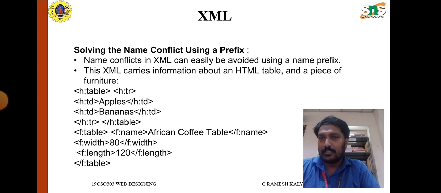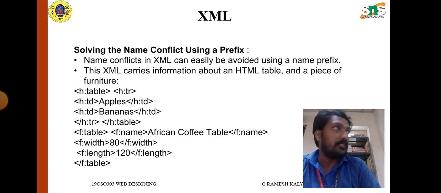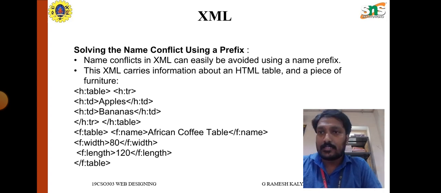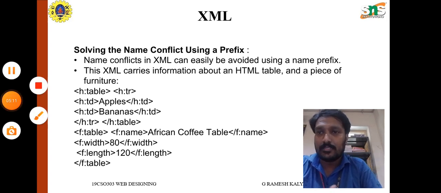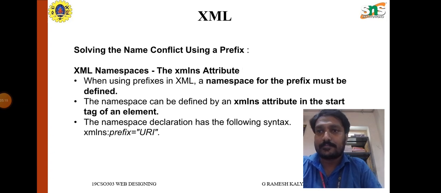As we can see in the example, the first is prefixed with h, so h colon table. Inside that table we define data apples and bananas, and close the table with the h prefixed tag. In the second we define the f table, with the width and so on, using the f prefix. This avoids a big confusion and conflicts.